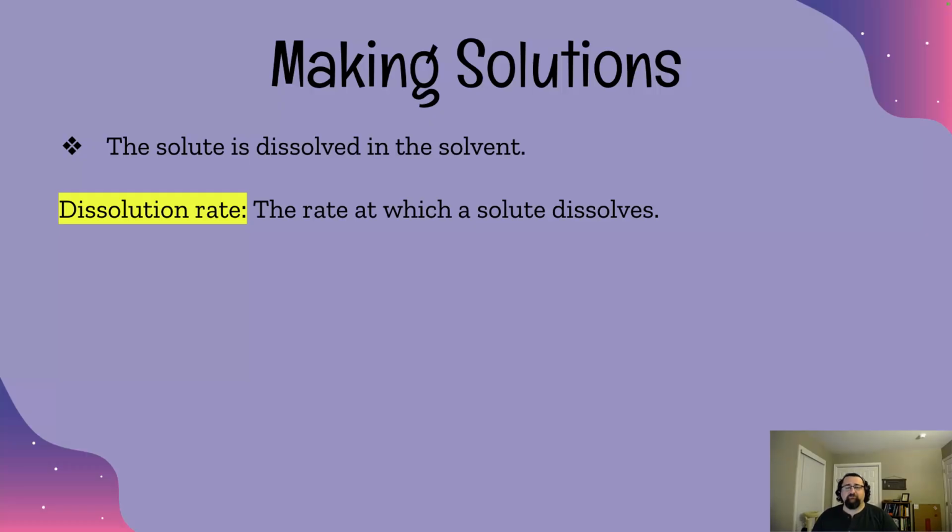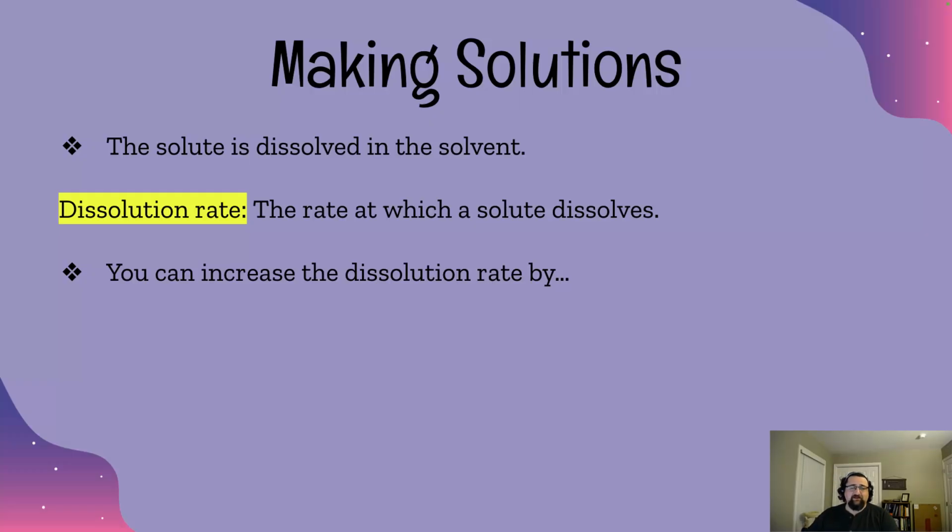Think about sugar in water versus salt in water. If you had room temperature water or cold water, these things are going to dissolve at drastically different rates. And we can increase that dissolution rate by a few things.